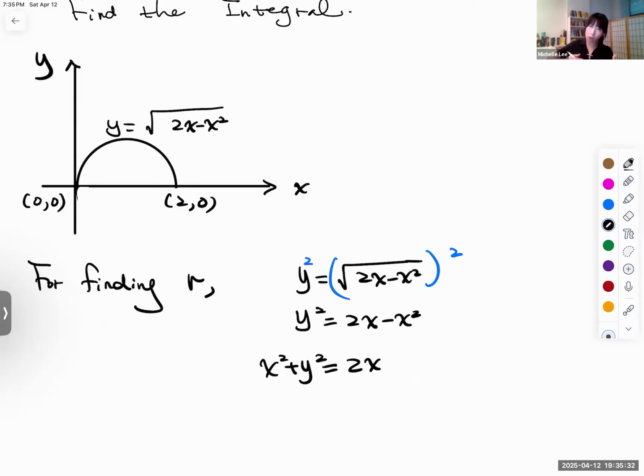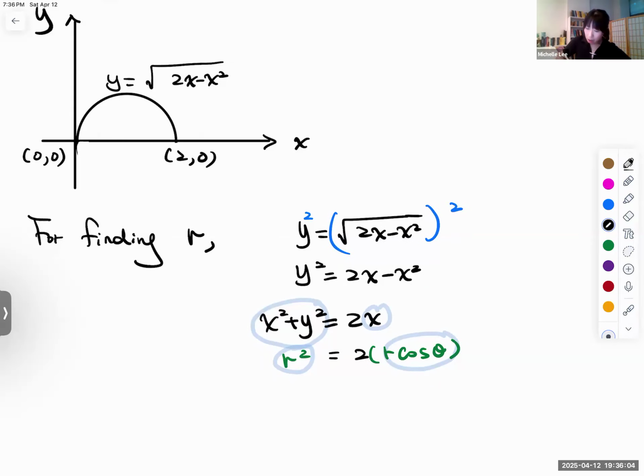So x squared plus y squared is r squared, equal to 2 times x, which is r cosine theta, right? Let's move everything to the left side. So r squared minus 2r cosine theta equal to 0.